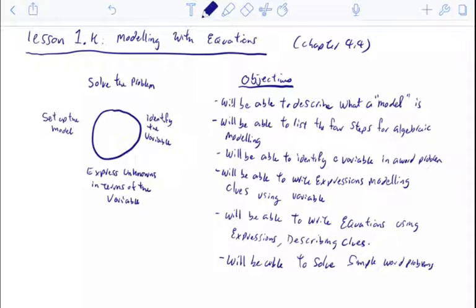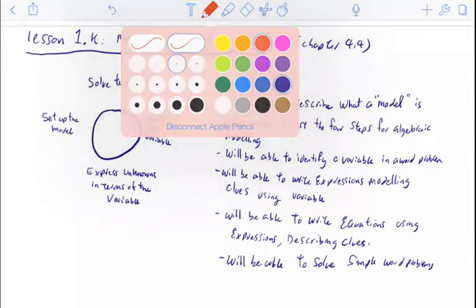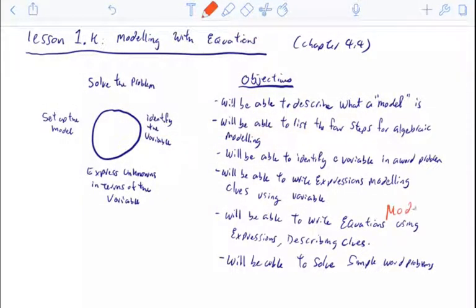And then the second to last step is you'll be able to write an equation, which we call a model. Maybe I should write that. A model. Using expressions and describing the overall clues, the relationships between all the things you don't know in terms of them. And then you just solve them. So overall, we want you to be able to solve simple word problems using algebra. So we're going to talk about the general theory behind that.